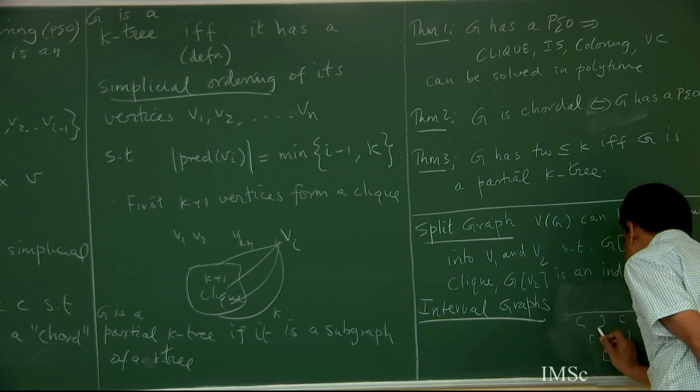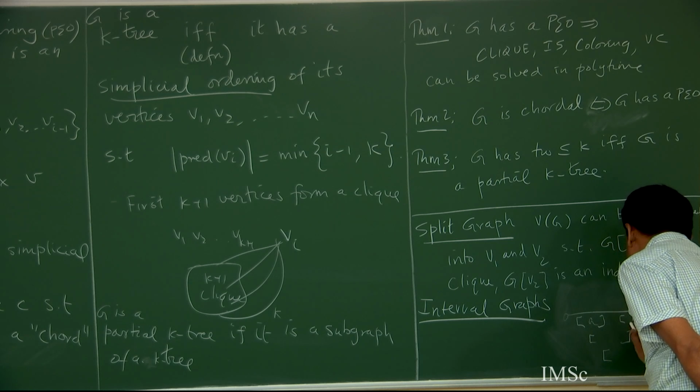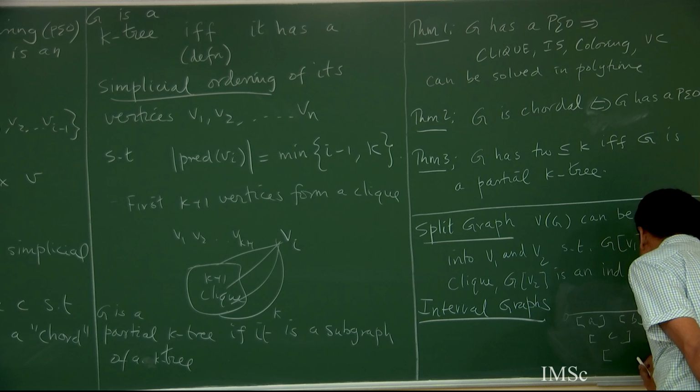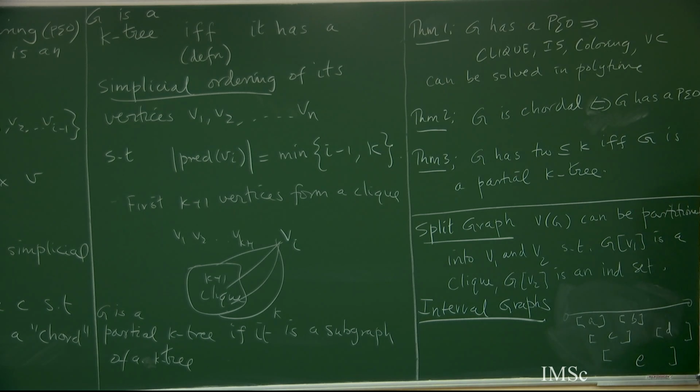I am going to call these A, B, C, D, E. Now, from these intervals I will come up with a graph where each vertex corresponds to an interval, and I draw an edge between a pair of vertices if these two intervals intersect. Okay, so that is an interval graph.